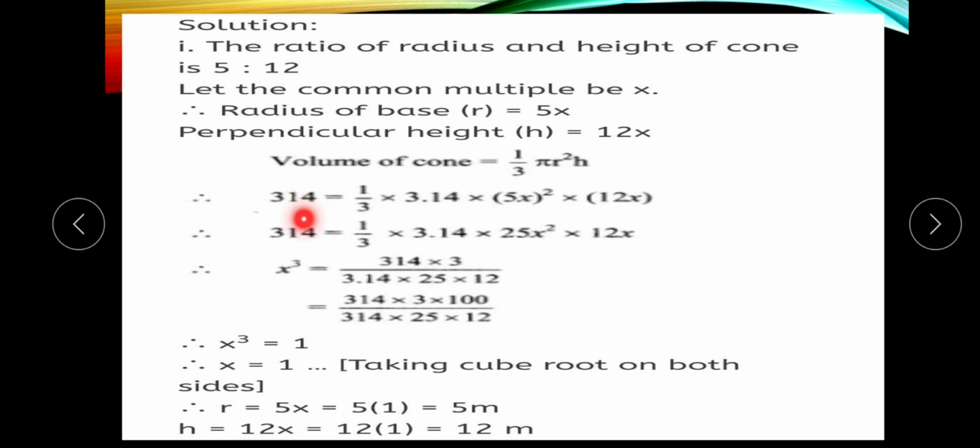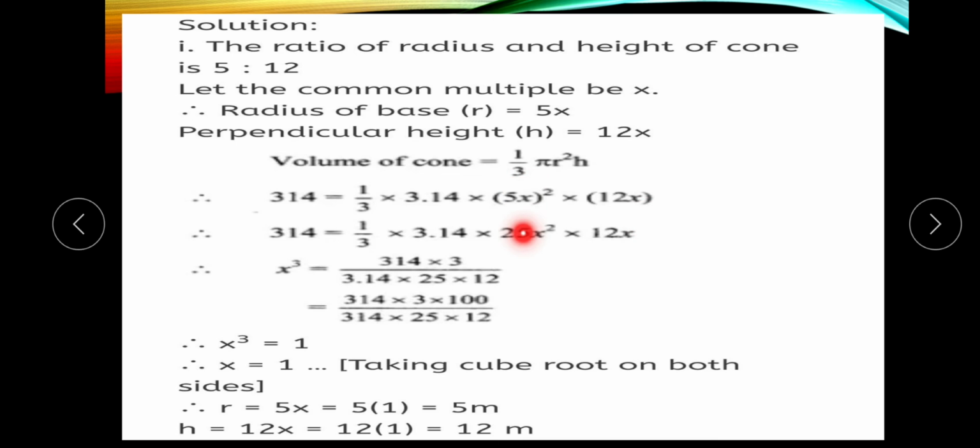Volume of the cone is given as 314, equal to, we will write as it is, 1/3 into the value of pi is given as 3.14 into r we have taken as 5x and h we have considered as 12x.